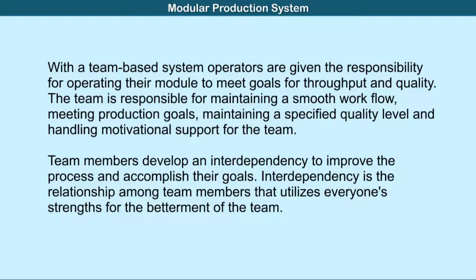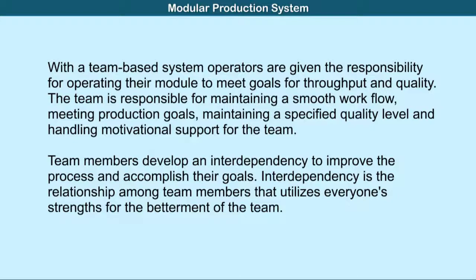The team is responsible for maintaining a smooth workflow, meeting production goals, maintaining a specified quality level, and handling motivational support for the team.